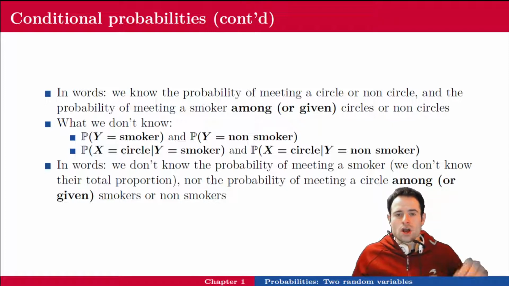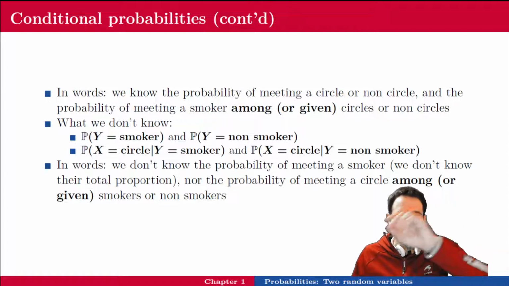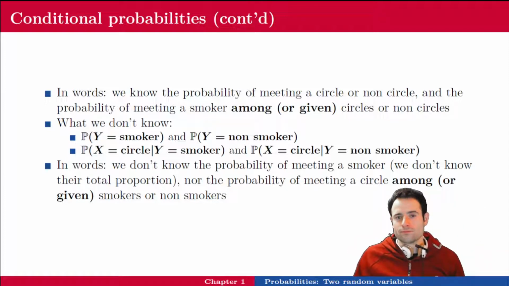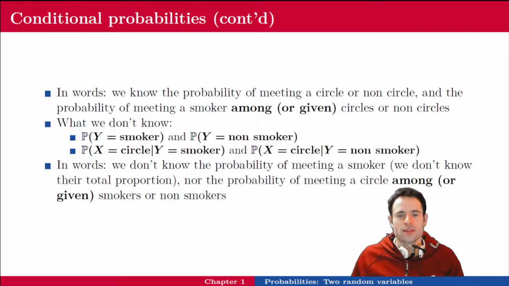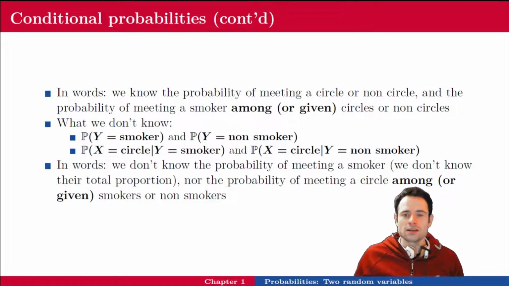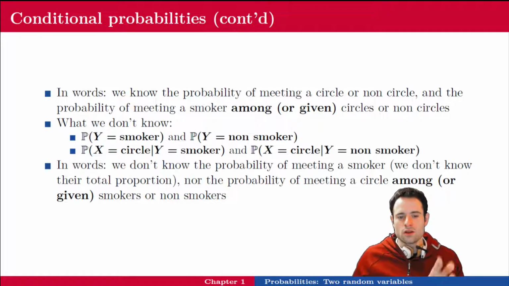So we know one conditional probability, but we don't know it the other way around. A typical challenge is actually to try to go from one to the other. That requires the use of other formulas, which I do not want to talk about in this course, but just to give you an idea, this is the kind of thing that we are interested in when we look at conditional probabilities in statistics.